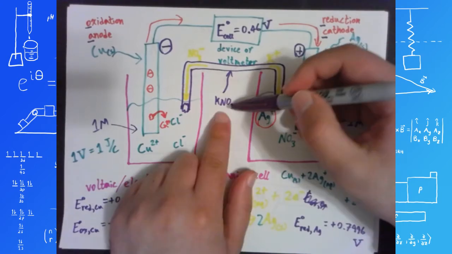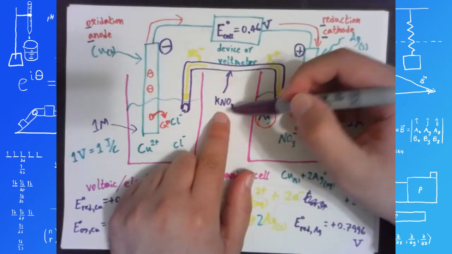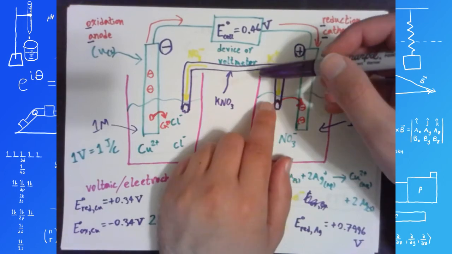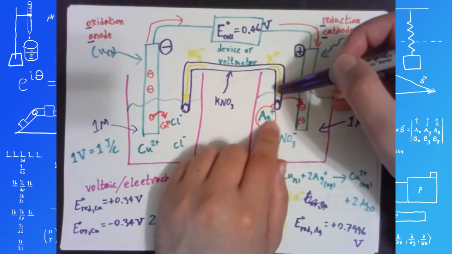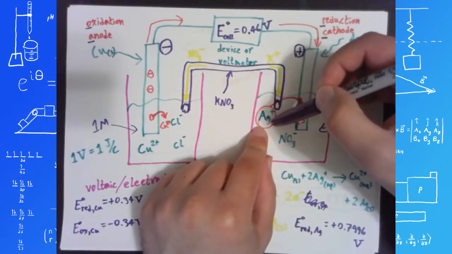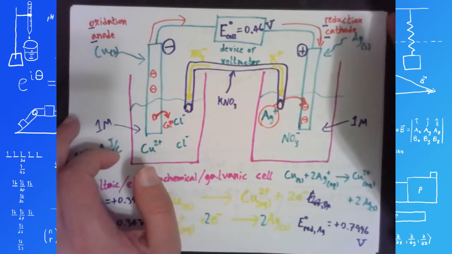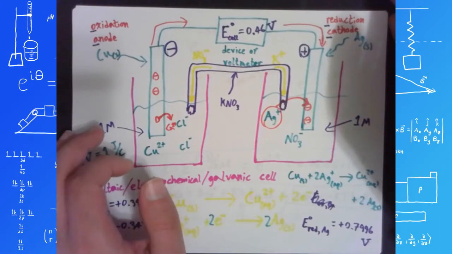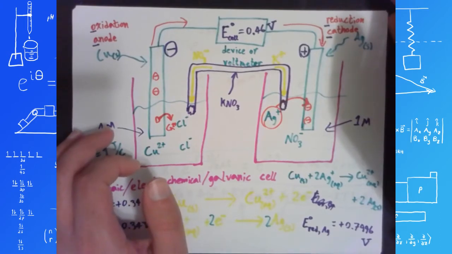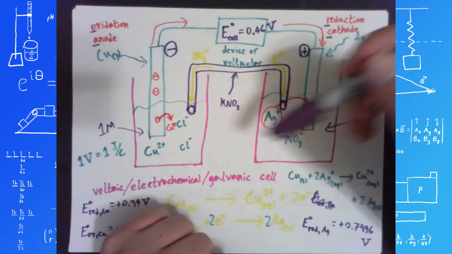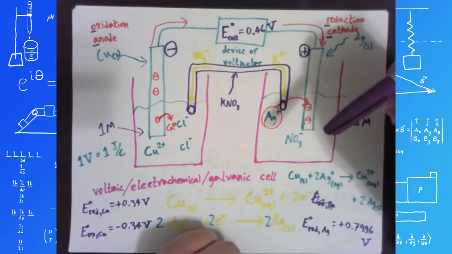If this was potassium chloride instead of potassium nitrate, then some of the chloride ions in the salt bridge might come into contact with the silver ions and start precipitating out the silver, and that will basically kill your voltaic cell.